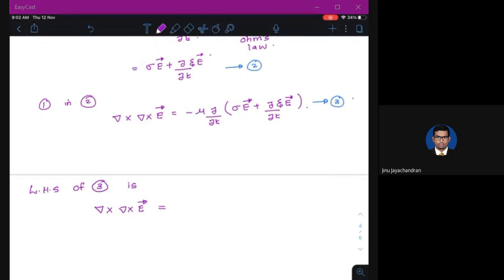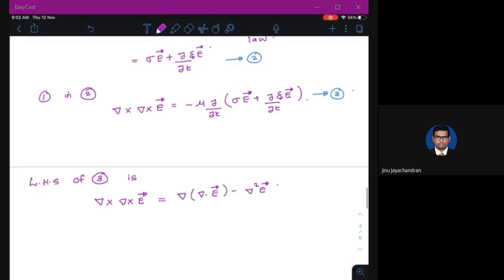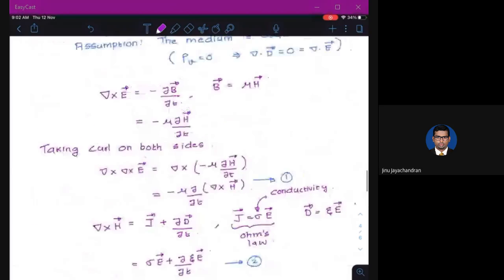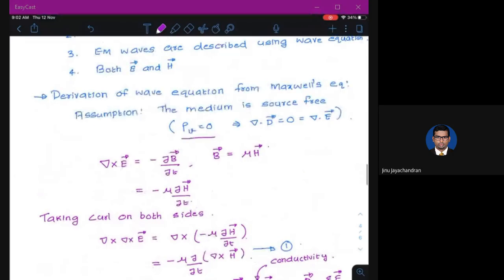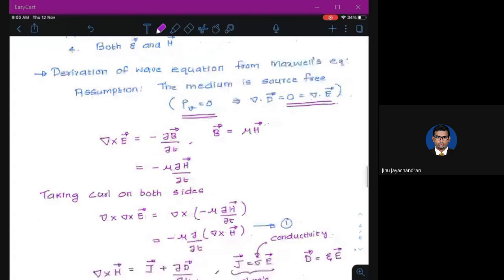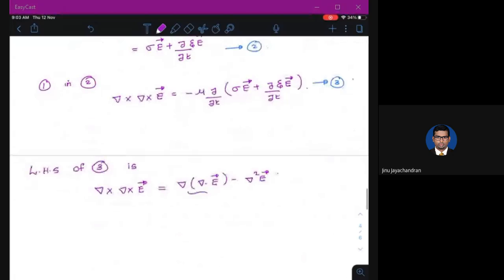This we have already seen, the expansion as del of del dot E minus del square E. But we have assumed that the medium is source free, which means rho v is equal to 0, or del dot E is equal to 0.